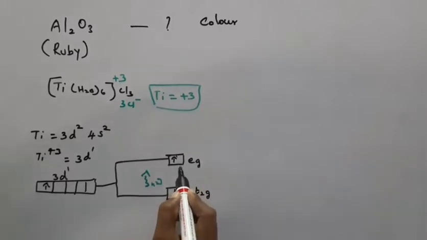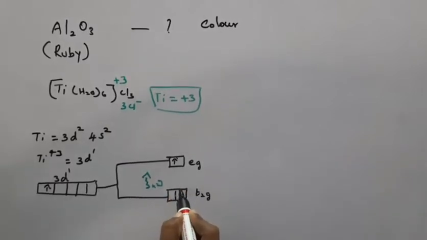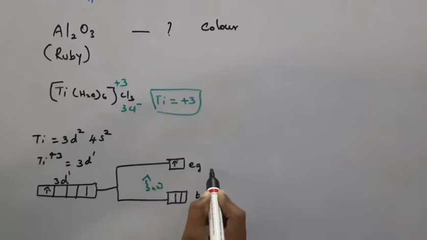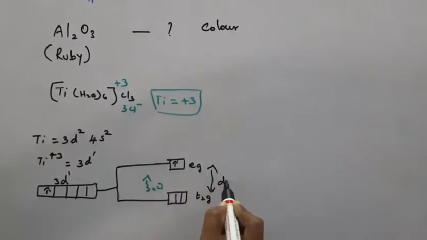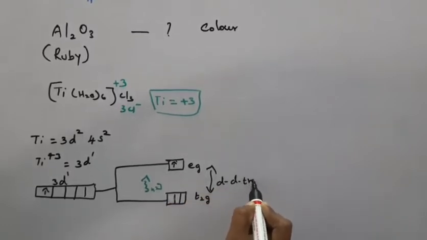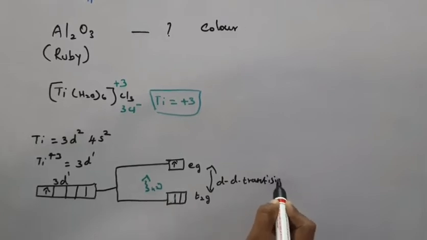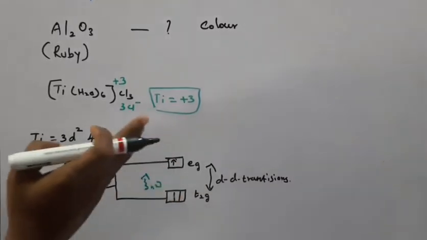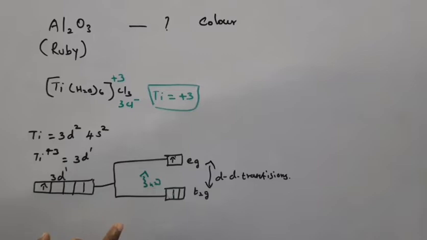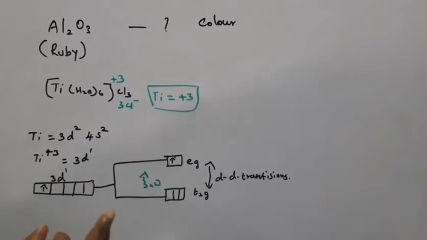Since this is d orbital to d orbital, this is called d-d transition. When d-d transition takes place, that complex will be colored in nature.